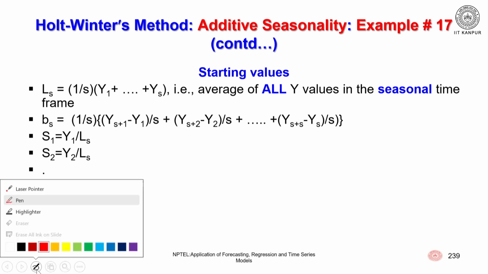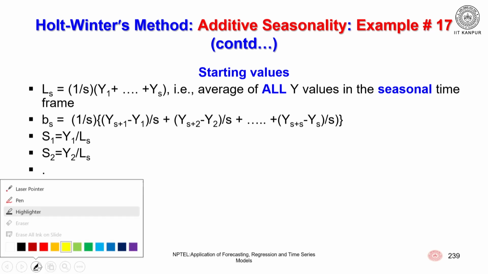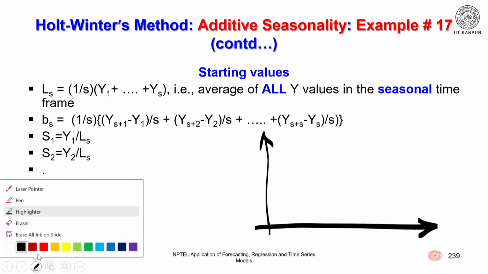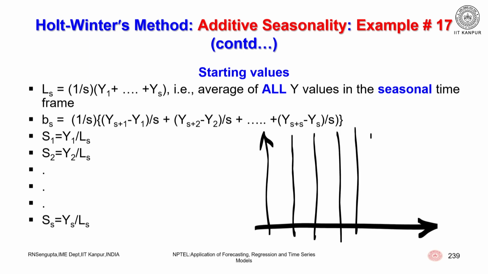So, I will draw this again and highlight it here. Consider the time frame on the x axis and the values of y on the y axis, with the time frame denoted as first, second, third, fourth, fifth, sixth, and my data is this one. So, what would be ys plus 1 minus y1?